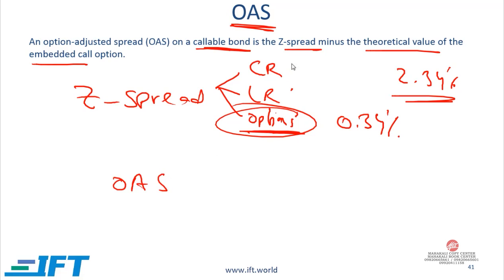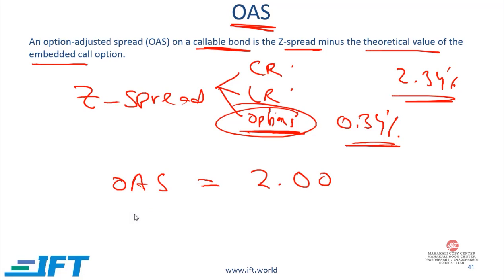The option adjusted spread is the overall Z spread minus the impact of the call option. So the option adjusted spread in my example would then be 2.00, or actually this is the curriculum's example with my enhancement. So the option adjusted spread is 2.00.